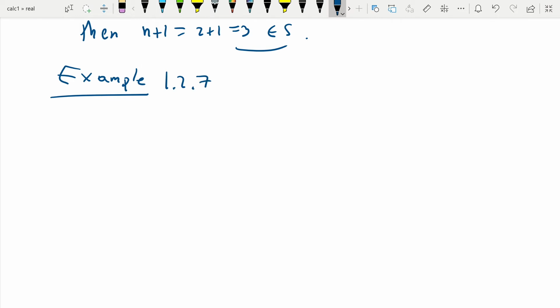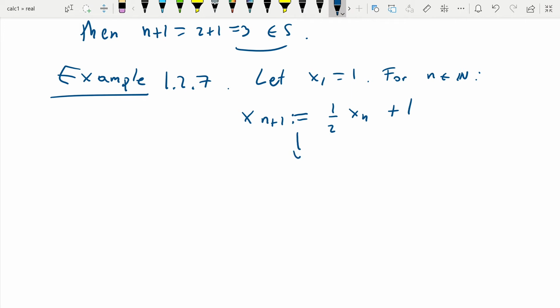They define x1 to be equal to 1, and for n in N, they define x of n plus 1 to be 1 over 2 times x n plus 1. We include the colon here to indicate that this is a definition.